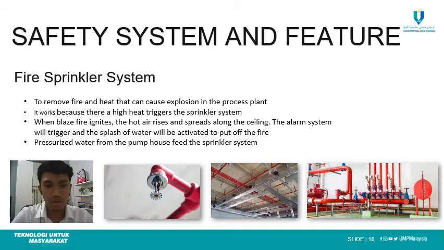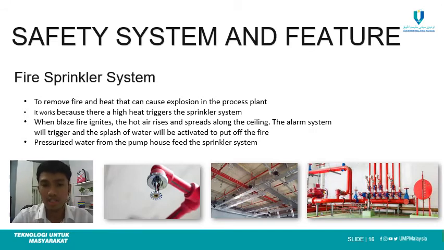In the pictures below, you can see that on the left side, the splash of water is released from that bracket when the alarm is triggered to put off the fire.